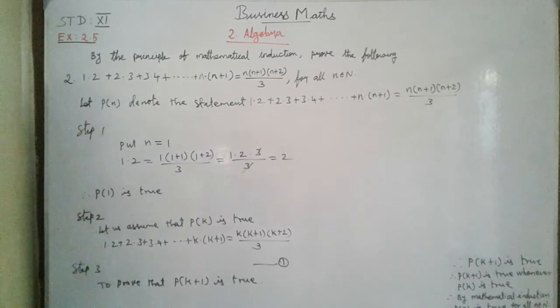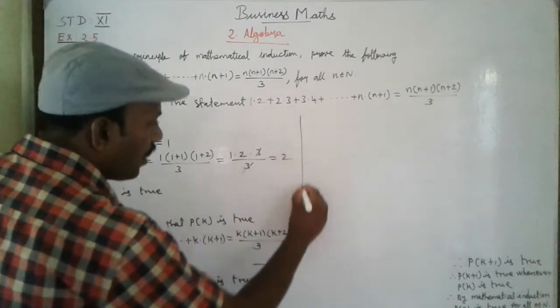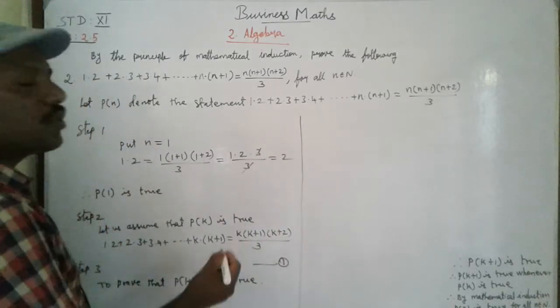Next, Step 3: to prove that P(k+1) is true. So k is replaced by k+1, we should substitute.